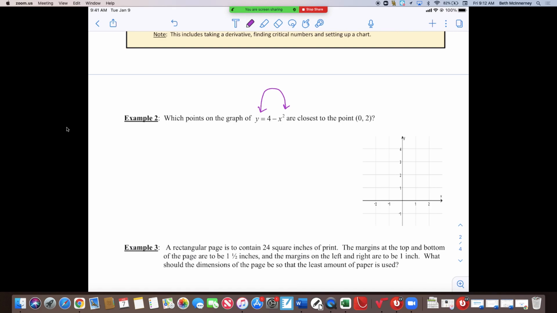So if I plug in x is 0, I would get 4. And if I let y be 0 and I want to find the x-intercepts, what would be the x-intercepts? 2 and -2. And now I have enough information. So this is my parabola that's opening down.